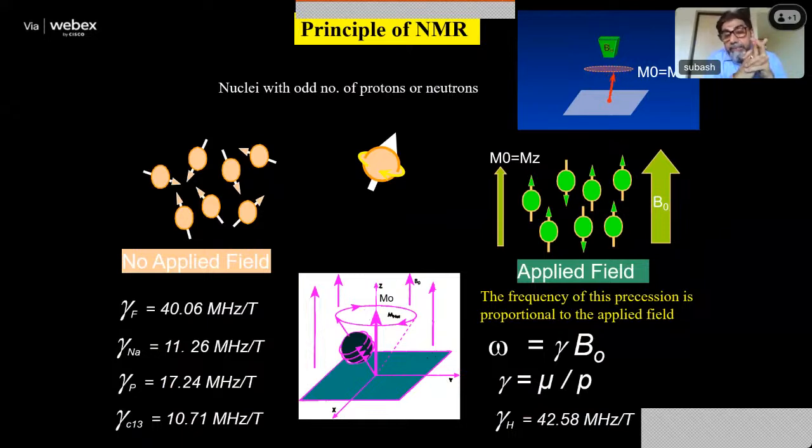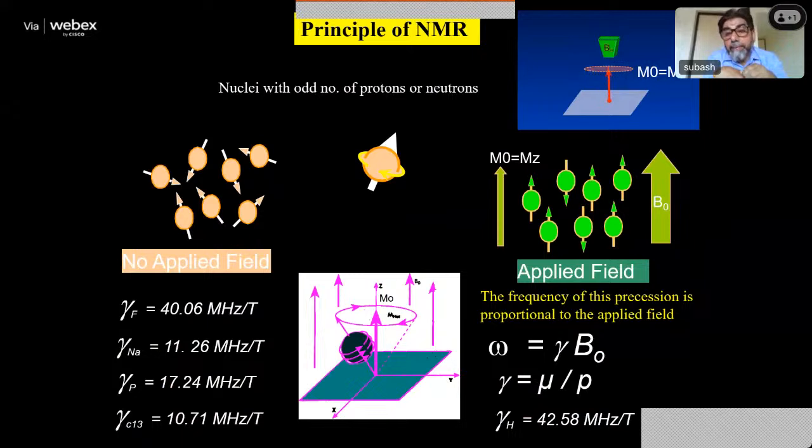And this gamma for hydrogen is about 42.58 megahertz per Tesla. So if you have a 1 Tesla magnet, the resonance frequency of hydrogen will be 42.58 megahertz. It's a linear equation. If you have a 2 Tesla magnet, the frequency will be about 83 megahertz. Sorry, 85 megahertz. So this is how you can calculate your resonance frequency, which is the precession frequency.